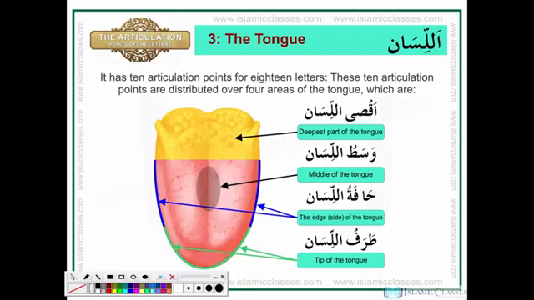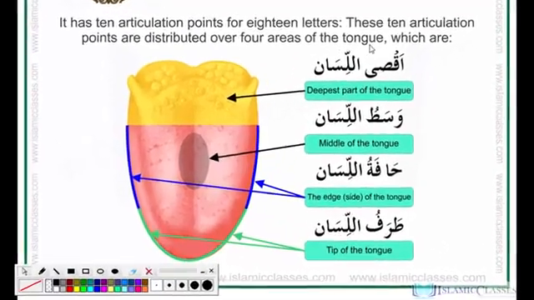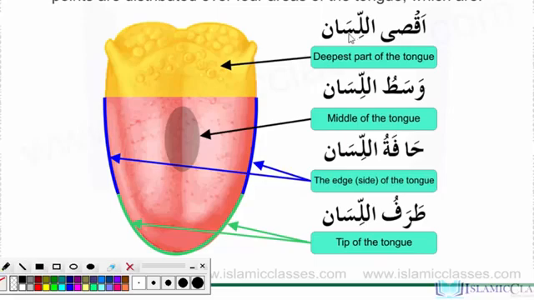All right. So now I just want to tell you that it has 10 articulation points for 18 letters. These 10 articulation points are distributed over 4 areas of the tongue, which are aqsal lisan, the deepest part of the tongue. This is the yellow part, the deepest part, or you can say the root of the tongue.